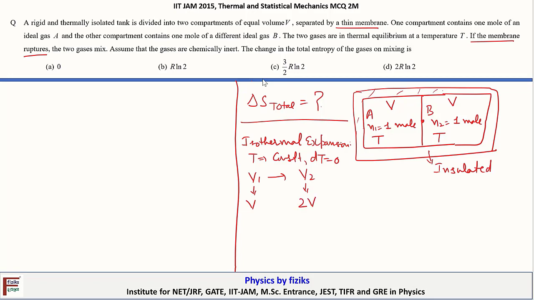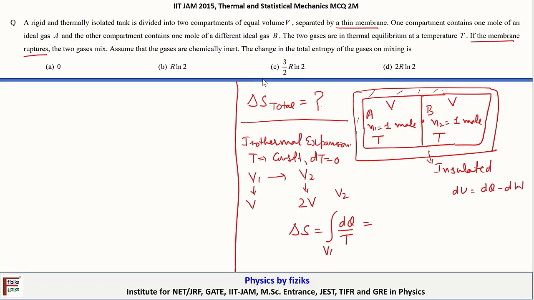Now the entropy change for the gas, let's call that delta S. Let delta S be the respective entropy change when the gas is expanding isothermally, and delta S is equal to the integral of dq by T, from some initial volume V1 to V2. So what is dq equal to? By applying the first law of thermodynamics, dU is equal to dq minus dw.